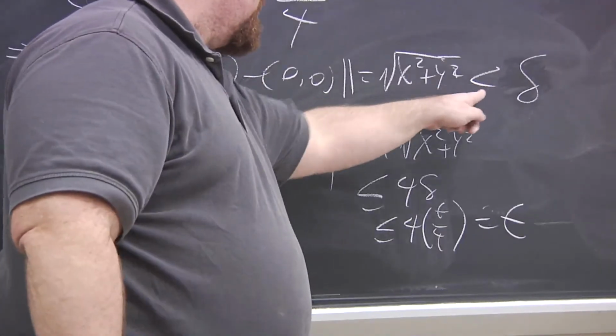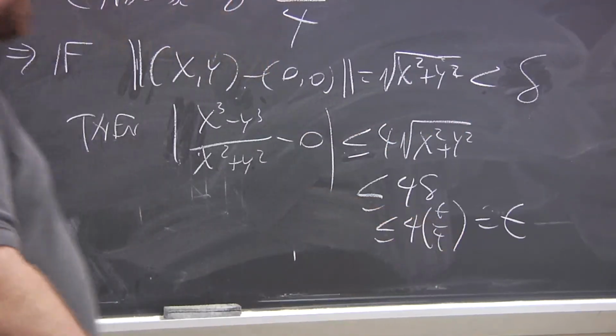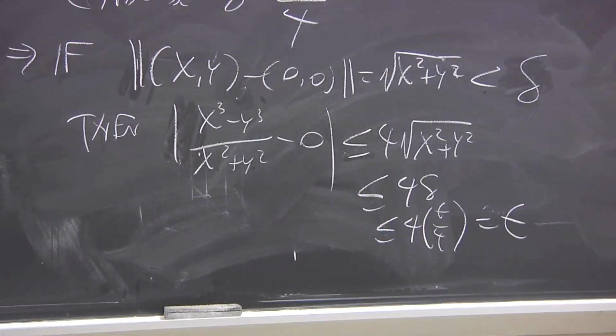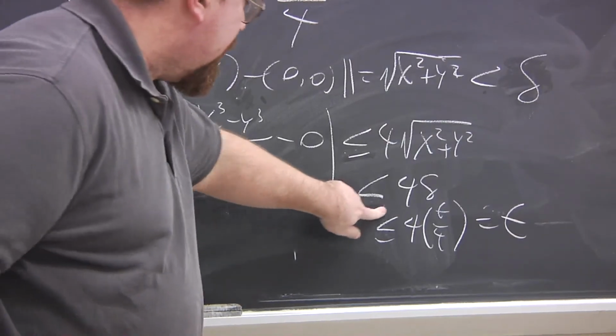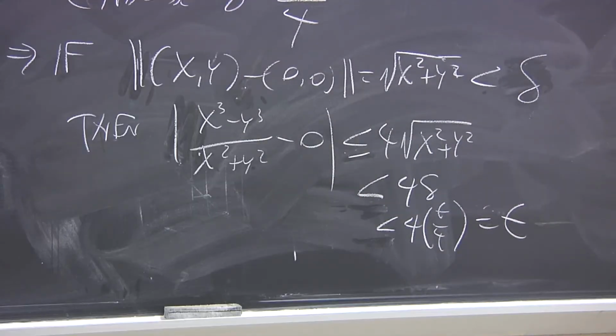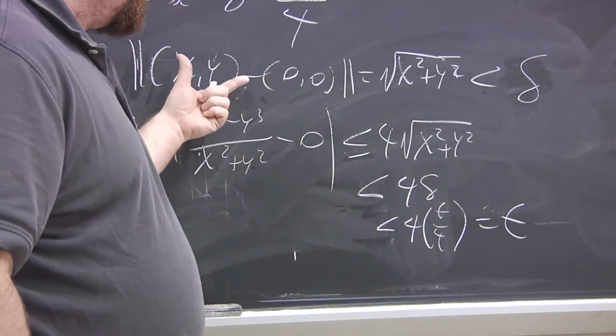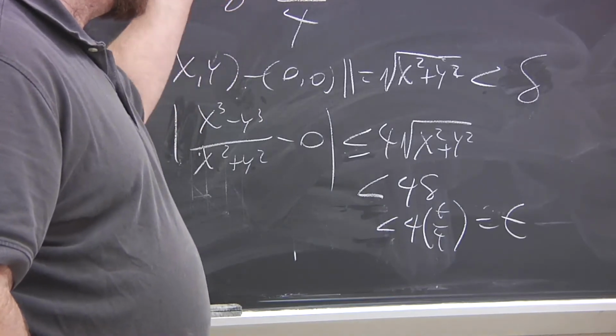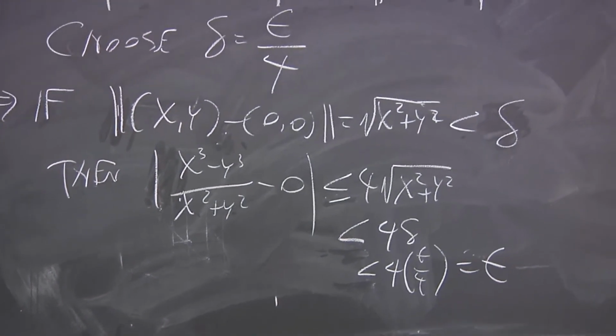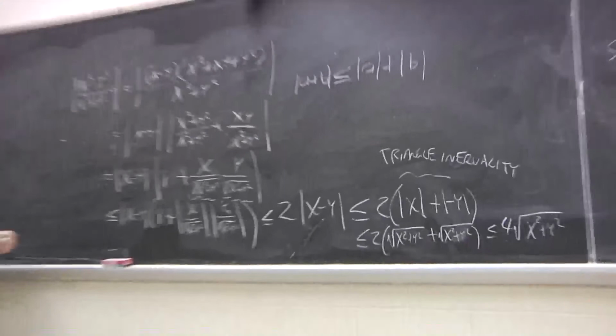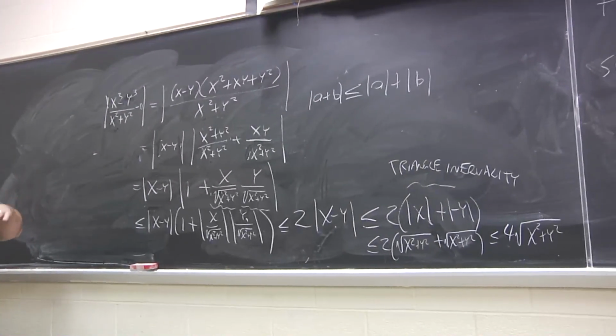So if this is bounded by delta, then this is bounded by epsilon. Therefore, the limit actually is 0. This is a strictly less than here. This is another example of how you use the delta-epsilon definition of a limit: if you can show that the distance between x values and distance between y values are related through relationships like this, then you can find the actual delta that works for the epsilon that you've chosen.